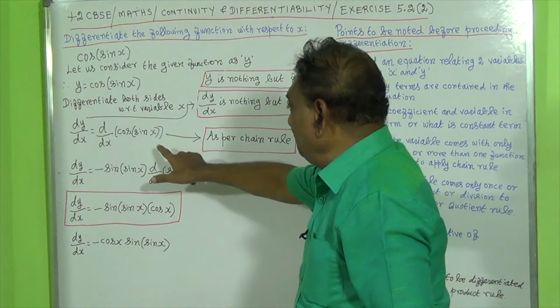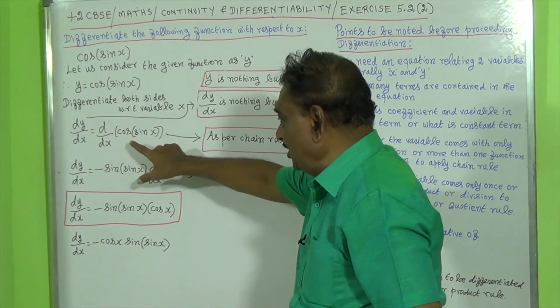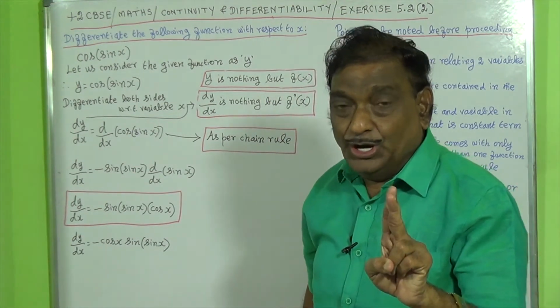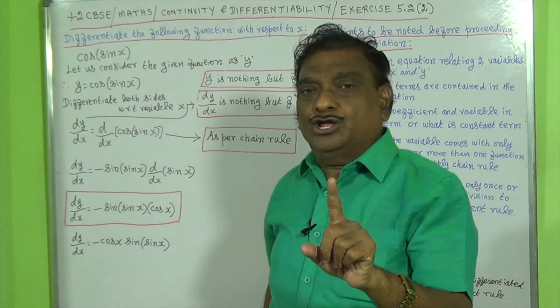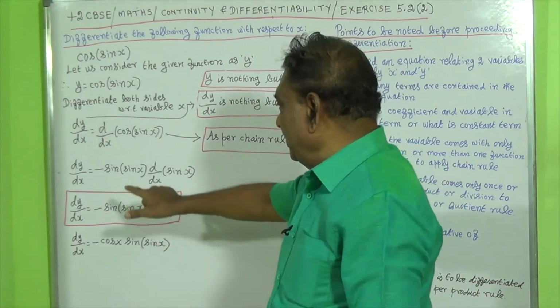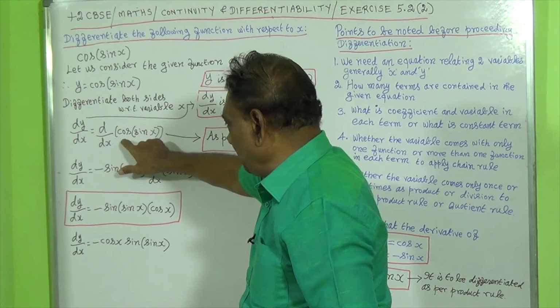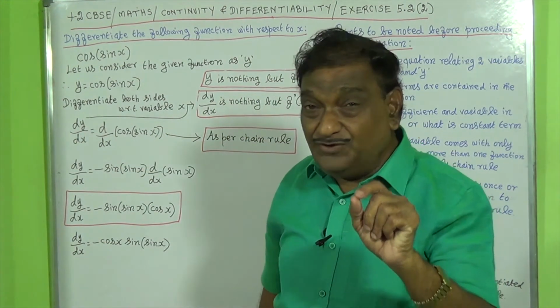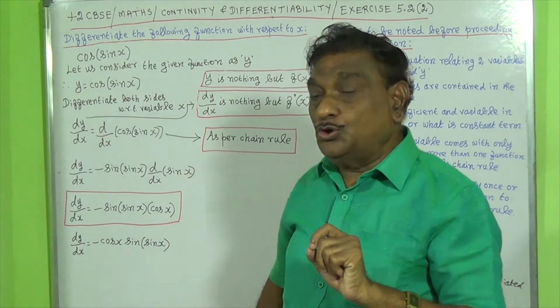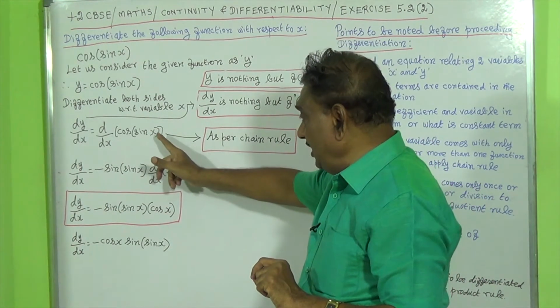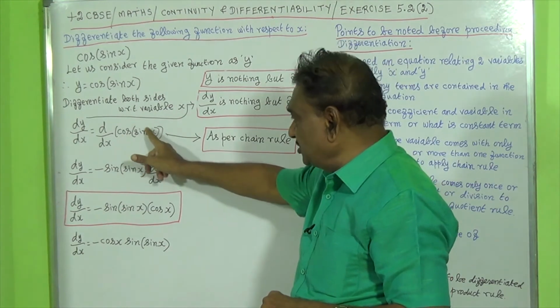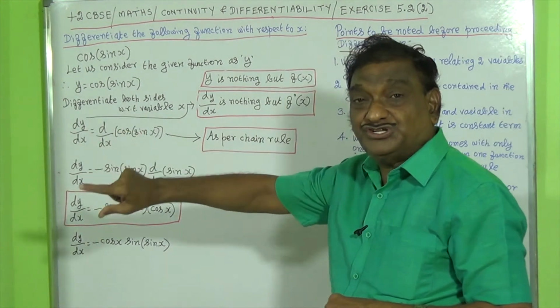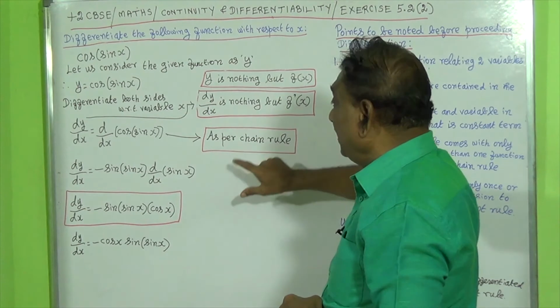Here, the variable x comes with two functions. One is the cos trigonometric function. The other is the trigonometric sine function. So here, since the variable x comes with two functions, we have to differentiate as per the chain rule.